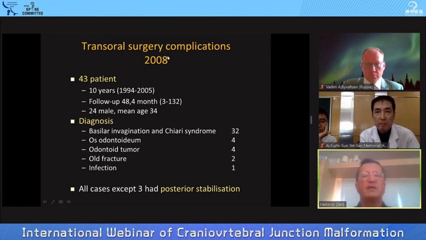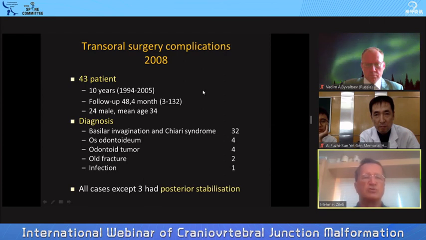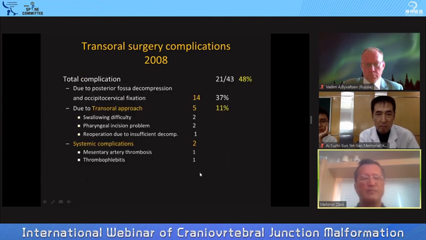We collected the complication rate of transoral surgery. At this time, it was 2008, many years before. Most of them were basilar invagination, then also os odontoideum, odontoid tumors, old fractures, and infection. Total complication was about 48%, quite big numbers.